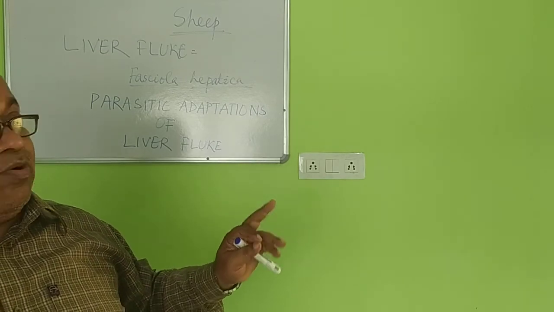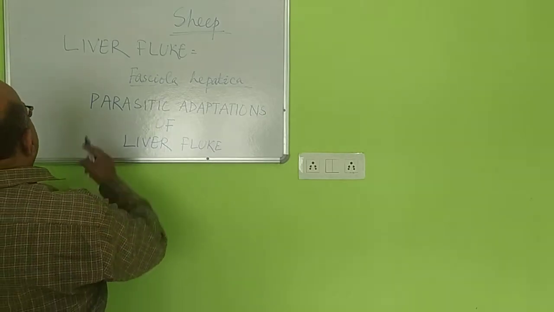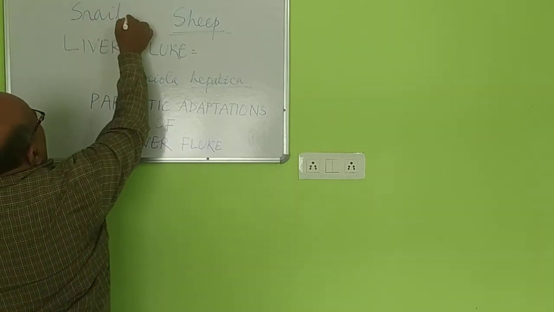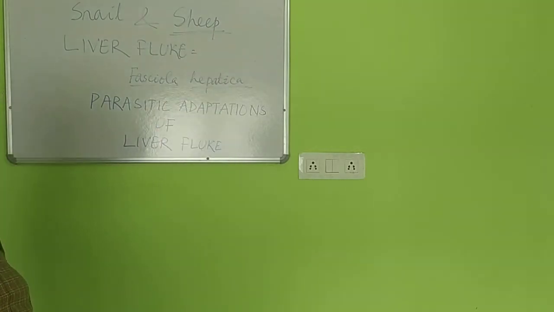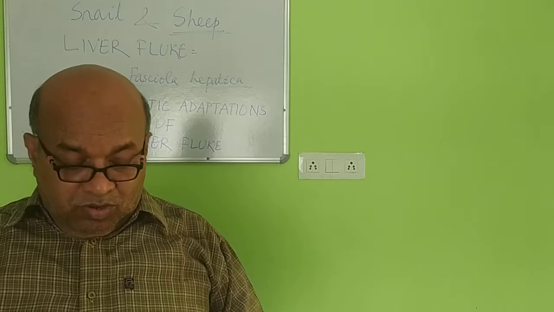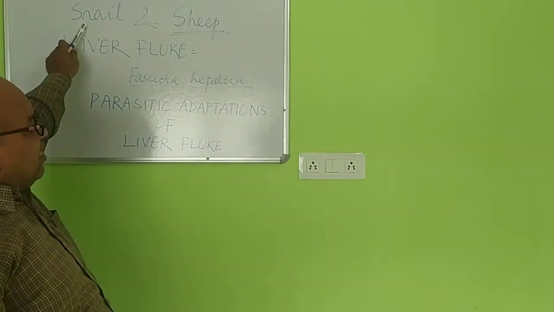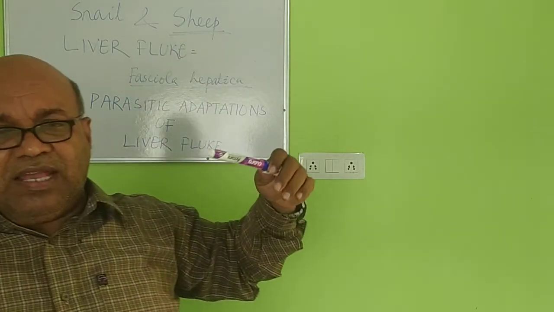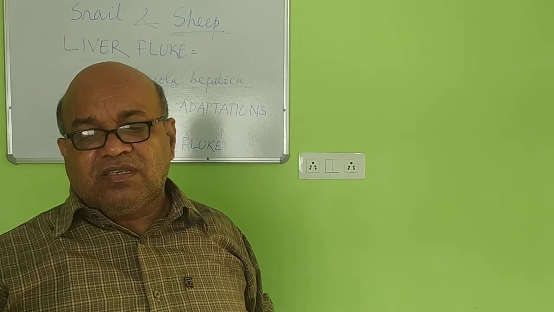The parasite depends upon two hosts. One host is known as the snail, S-N-A-I-L. The other host is the sheep, goat, or other grazing animals. The snail generally carries them from one place to another on the grass surfaces.